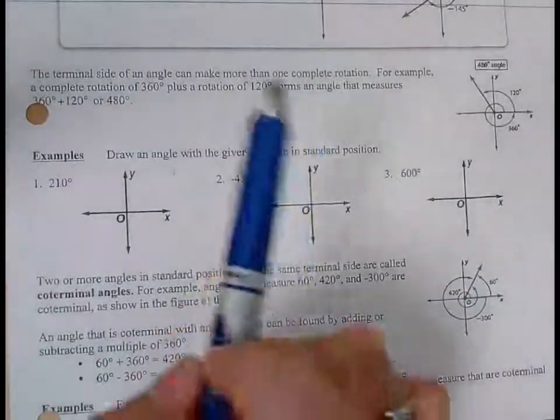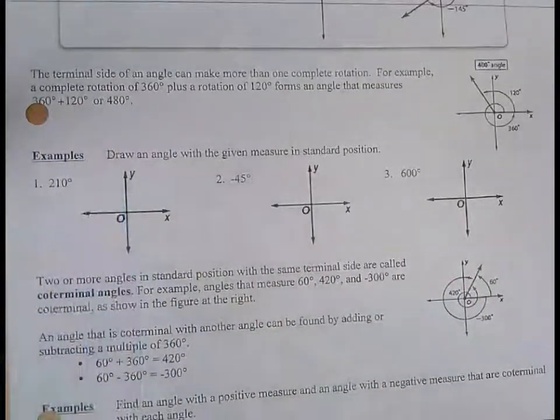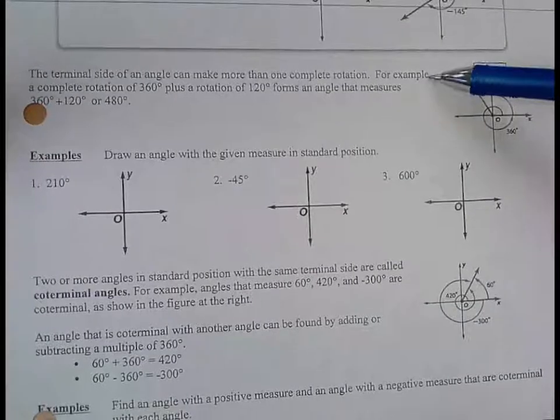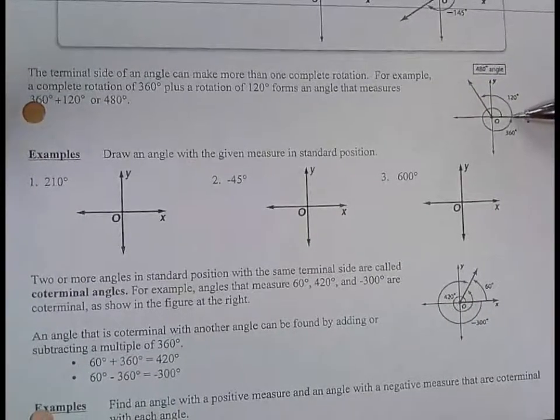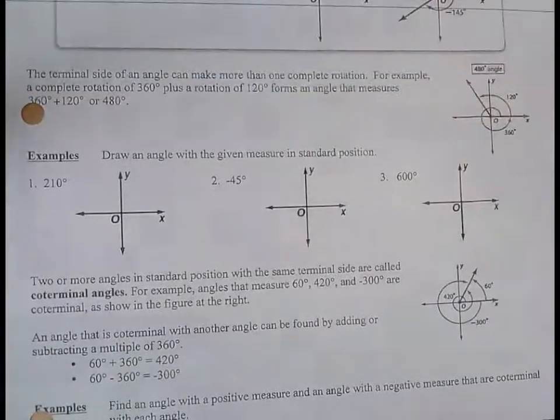And then one other thing before we go through some examples here, the terminal side of an angle can make more than one complete rotation. So if you, for example, have an angle that's greater than 360 degrees, so if you make a complete rotation of 360 and then you make an additional rotation of 120, you'll get an angle that measures 480 degrees, 360 plus 120.